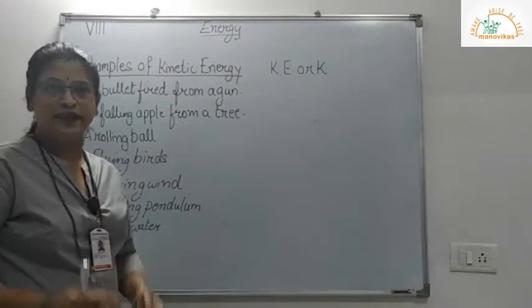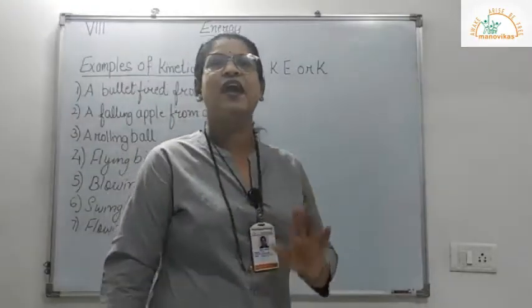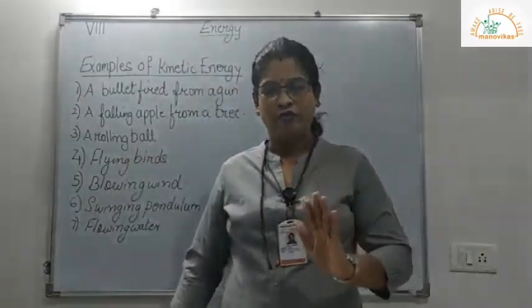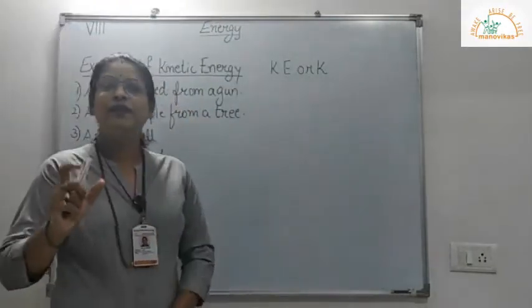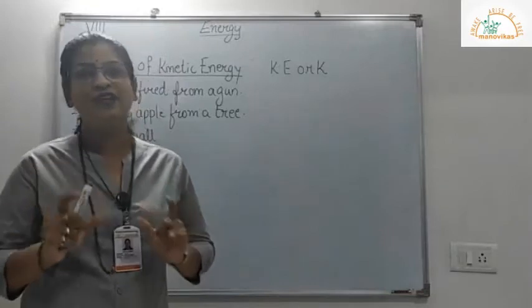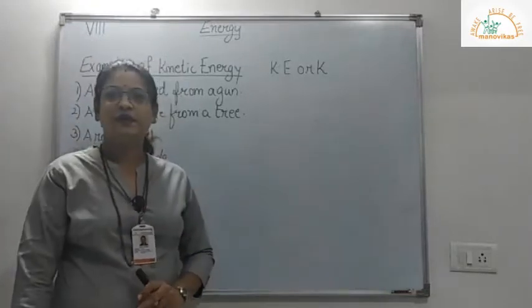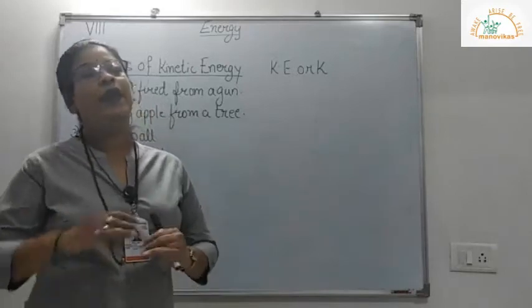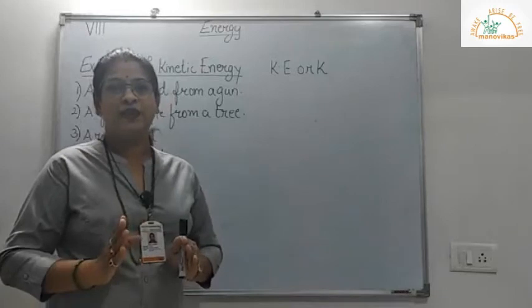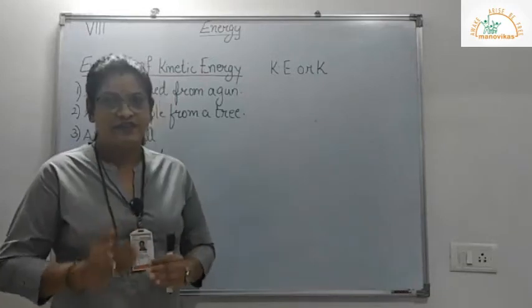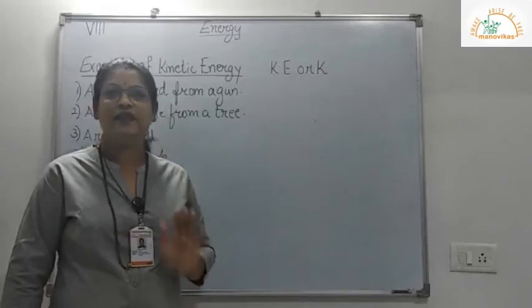Now to understand kinetic energy, we take two examples. The first example is of a stone striking a glass window pane. When a moving stone strikes a glass window pane, it has the capacity to break the window pane. So from this we understand that the moving stone possesses kinetic energy.